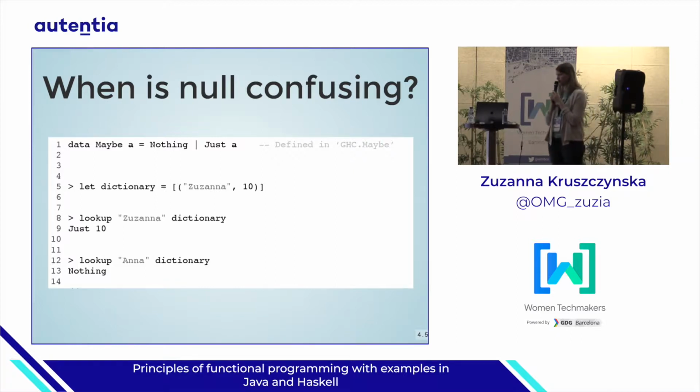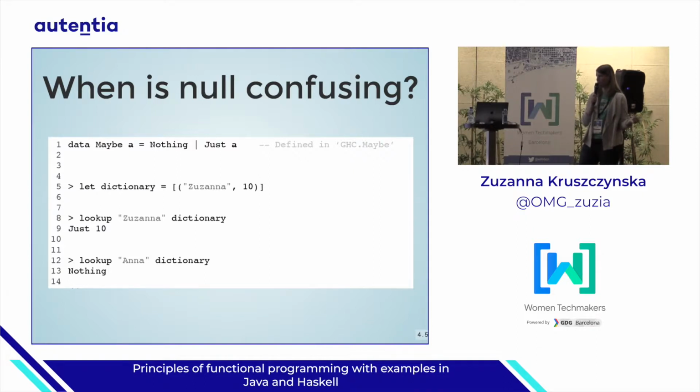So what we get back is Just 10. What does it mean? That means that lookup returns a value of type Maybe, in this case Maybe Integer. And if lookup Zuzanna in dictionary gives you Just 10, that means that in the dictionary there's a key called Zuzanna with value 10 in it.